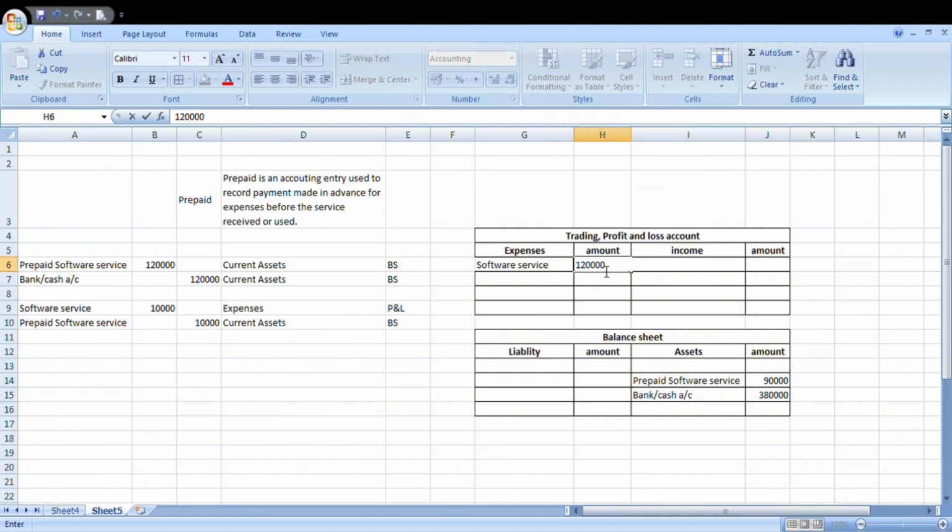In December, the software service will be 12,000 in total and prepaid service will become 0. So our software we completely used for the year and the expense has been booked. This is how the prepaid entry is done in accounting.